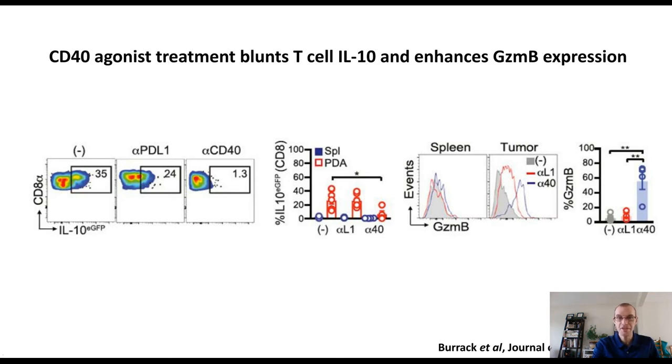In addition, CD40 agonist, shown on the right, promoted granzyme B expression by our tetramer-binding T cells, which again, PD-L1 blockade did not. So two different therapies, both effective to a degree, doing very different things.